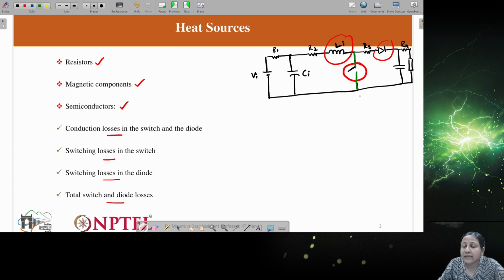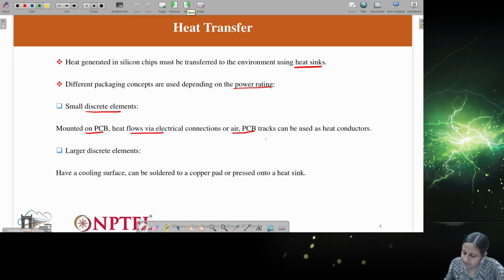These leads can be used to take enough heat from the devices, or air which is flowing through the device or on top of the device. And the PCB tracks, as I told you, can be used as heat conductors.